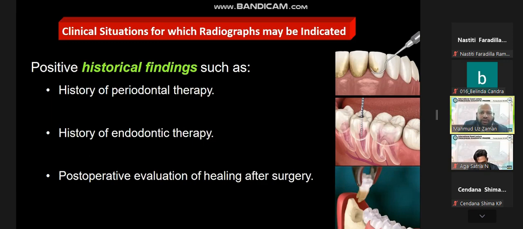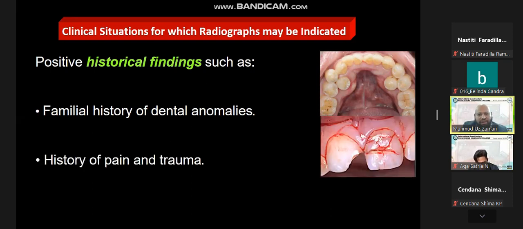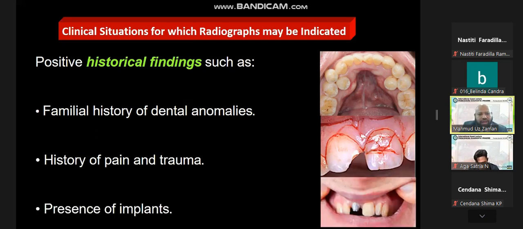You will go for radiographs. Okay. The history of anomalies, if there is any previous history or familial history of these anomalies, you will go for radiograph. And history of any type of pain, trauma, you will go for radiographs. Okay, and if there is any implant, present or future implant site assessment, you will go for radiograph.